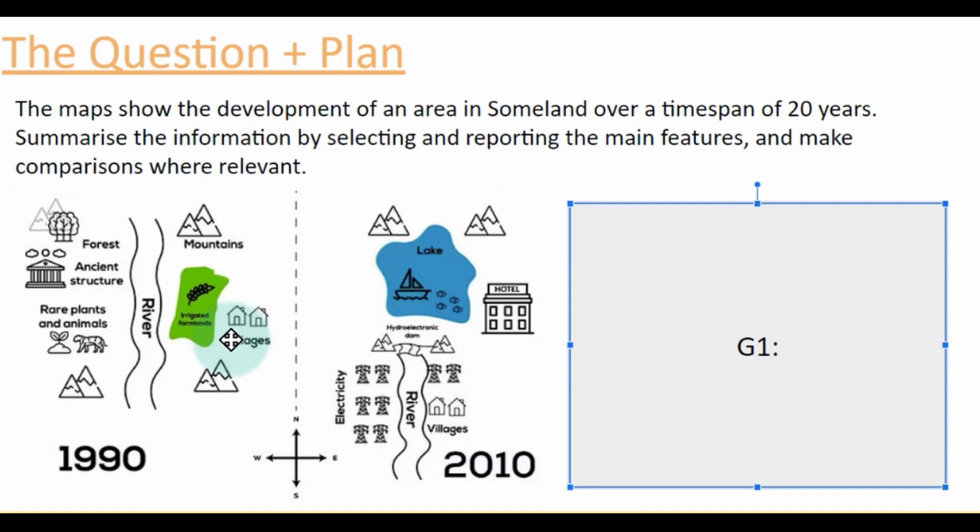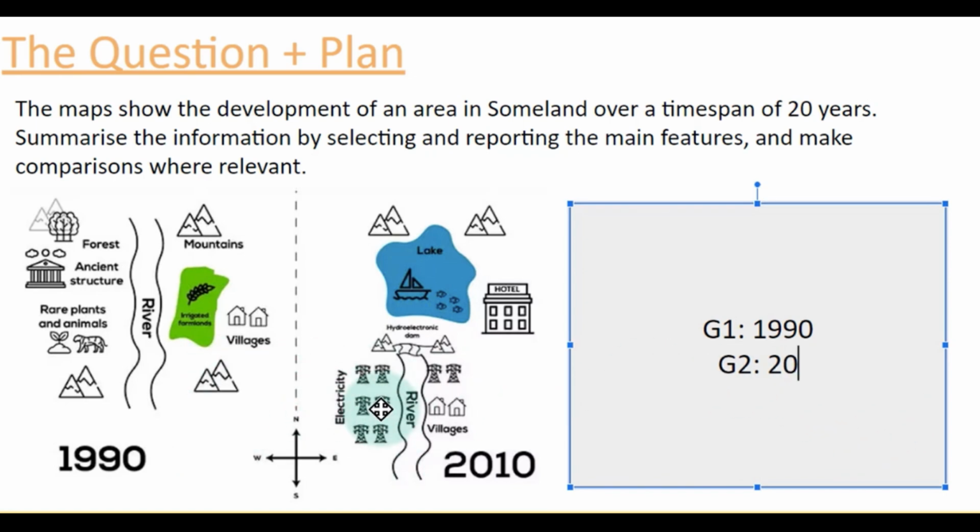So what I will do is quite simply group by date. So I'm not going to be making so many comparisons in my first detail paragraph. I'm just going to describe the map. I'm going to report the main features. But that doesn't mean that in group 2 I can't compare.